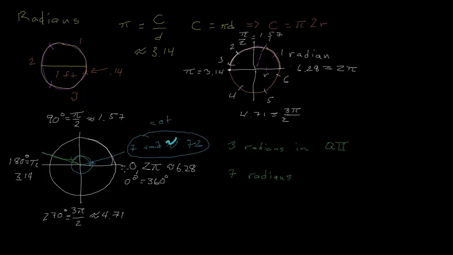And 0.72 is between 0 and 1.57, so that's in the first quadrant.